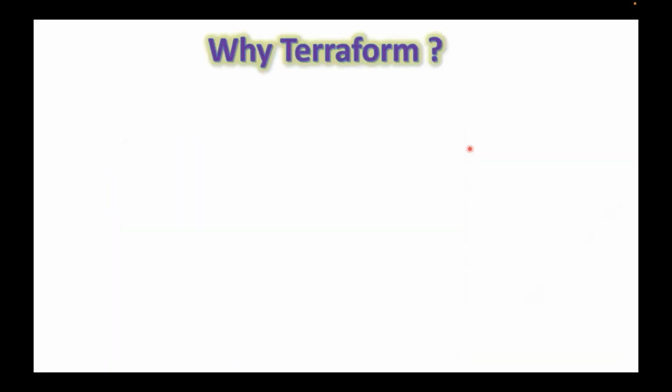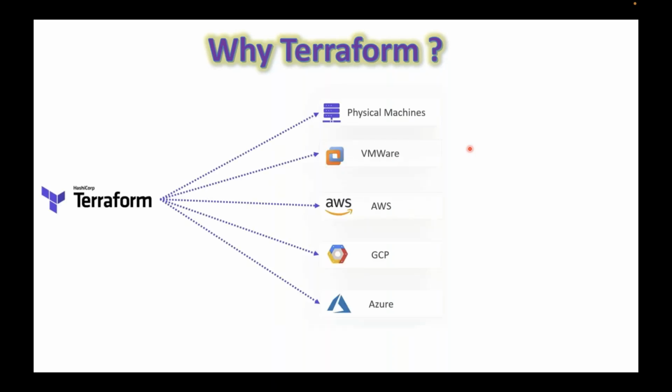Now, why do we need Terraform, when we have many IAC tools? Unlike the other IAC tools, Terraform supports many providers. We can manage physical machines, VMware, AWS, GCP and Azure, and even more using Terraform.